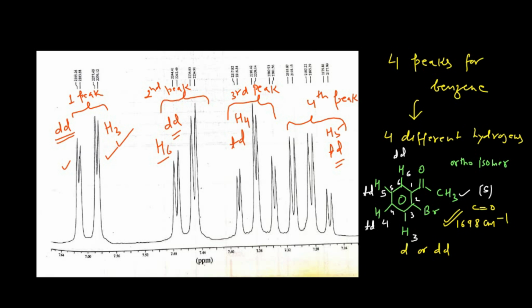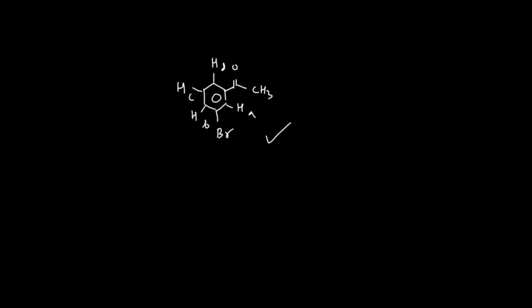And you know, the conjugation lowers the stretching frequency in the IR spectrum. But here in this case, that conjugation is not very smooth. This will require a little bit higher energy to stretch this carbonyl bond, which will reflect in the higher value of your carbonyl stretching frequency, 1698. While in case of the meta isomer, this carbonyl group will remain in the plane of the benzene ring.